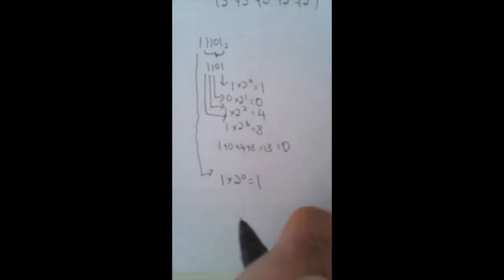Therefore, you get the second digit of the hexadecimal number, 1. So 11101 in binary is equal to 1D in hexadecimal.